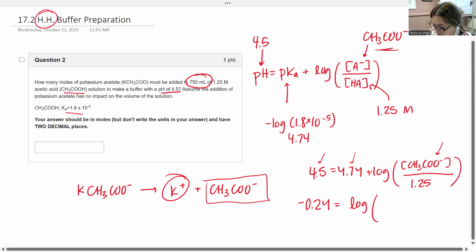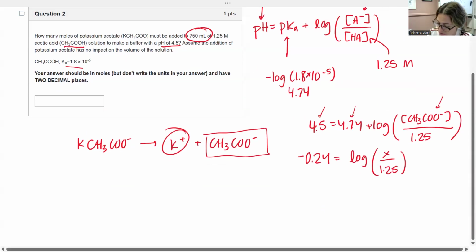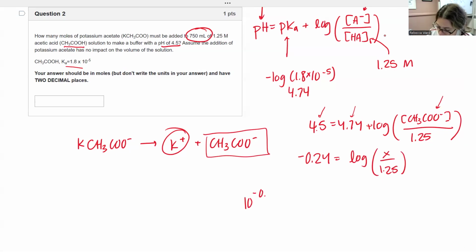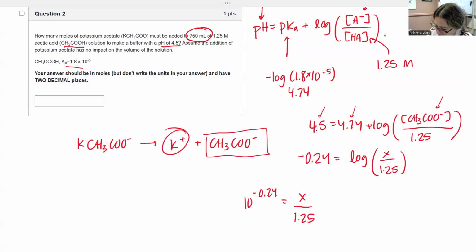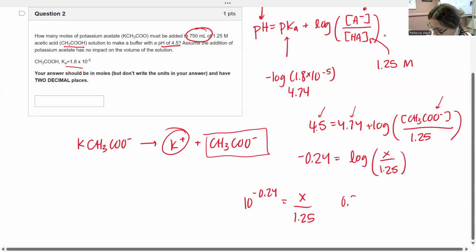Okay, so I'm just going to abbreviate that as X over 1.25. I've got to get rid of my log here, so I'm going to raise both sides by 10. So 10 to the negative 0.24 equals X over 1.25. 10 to the negative 0.24 is 0.575.